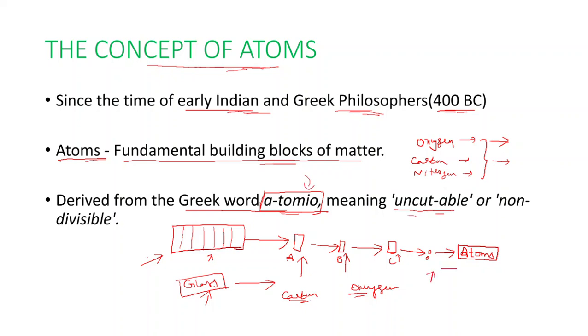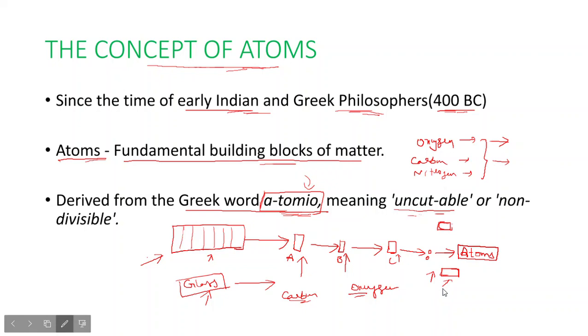So atoms cannot be divided further. That is how this word atom is derived, which means uncuttable or non-divisible. So atom is the smallest particle in this universe. If there is any such particle in this universe which is very, very small, then that is atom.